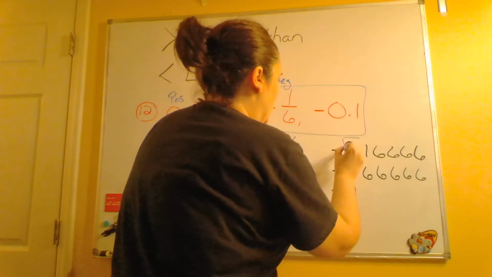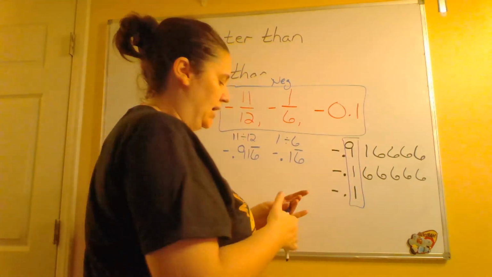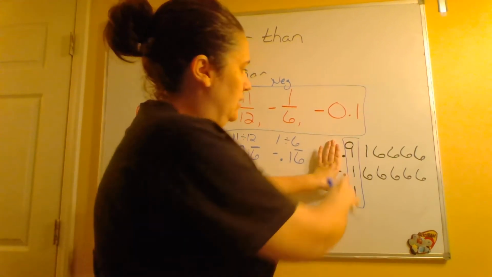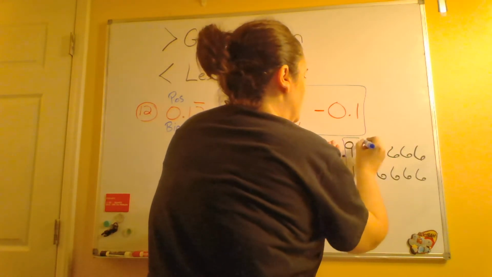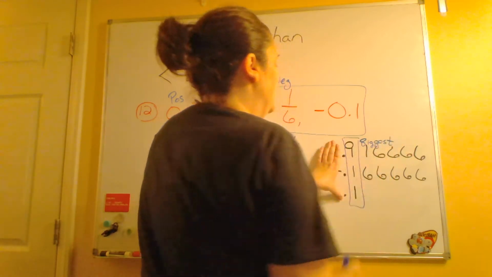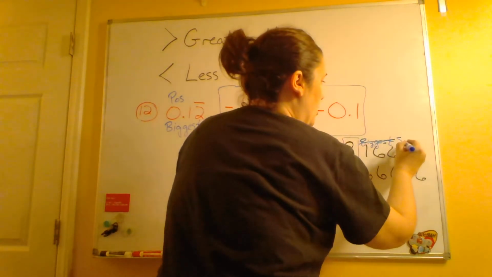Now, let's look at the 10th place. In the 10th place, these two have a 1 and that one has a 9. If we look at them without the negative signs, 9 is bigger than 1 is. That means that this number right here at the top would be the biggest. But since these are negative, the biggest becomes the smallest.